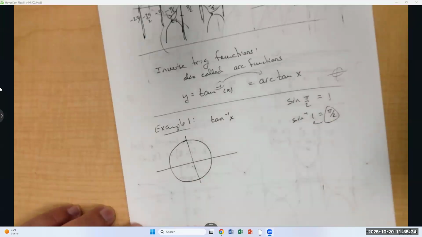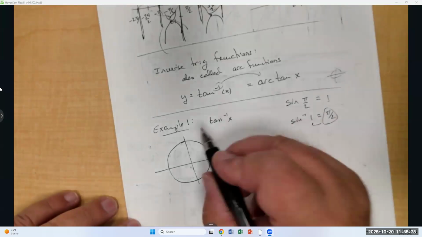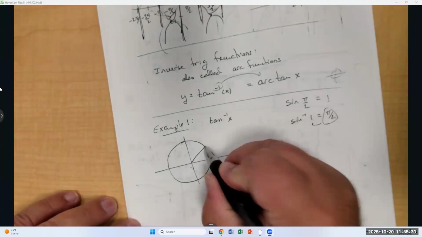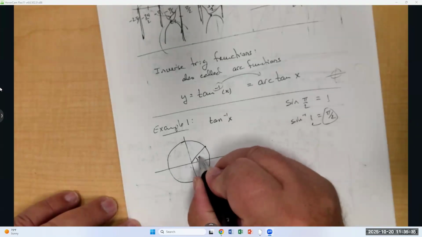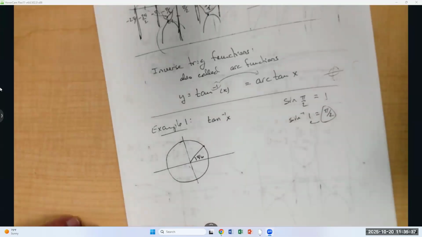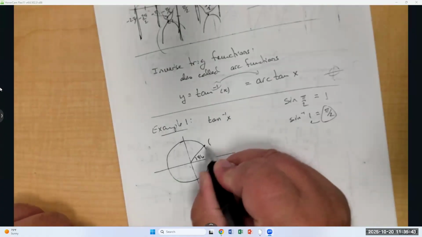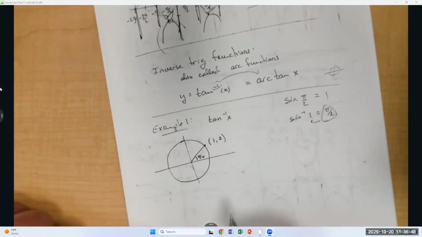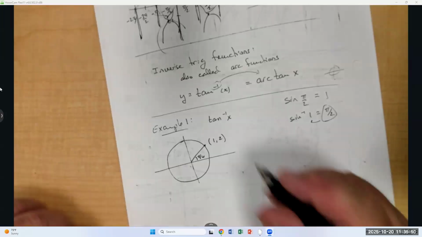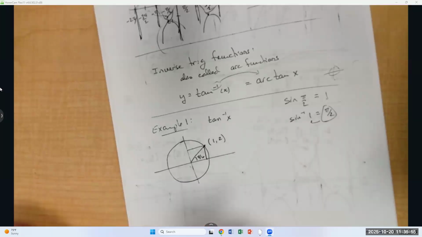We're trying to find the inverse tan function of this picture. This is pi over 6. Remember, on pi over 6, the value of this point is 1, 2, because it goes up 1 unit and it goes over 2 units.